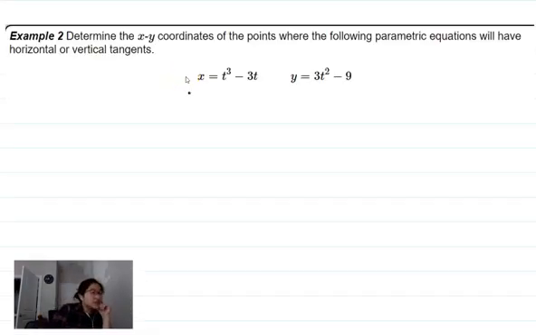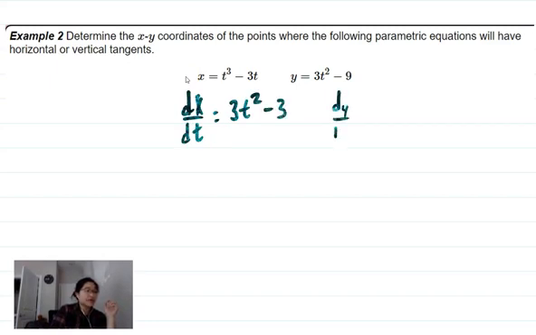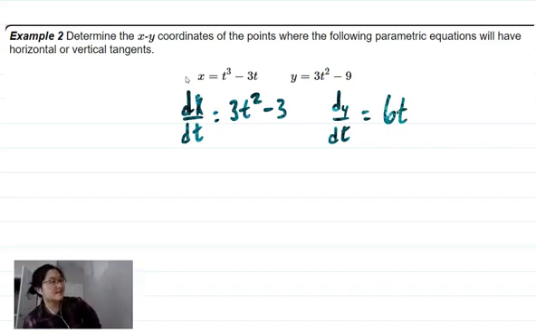So let's start with dx/dt is 3t squared minus 3. dy/dt is 9t minus 0. 9t. Not a 9. 6t, because of the power rule. Alright, so we're looking for horizontal and vertical tangents. Actually, the vertical tangents are slightly more straightforward.